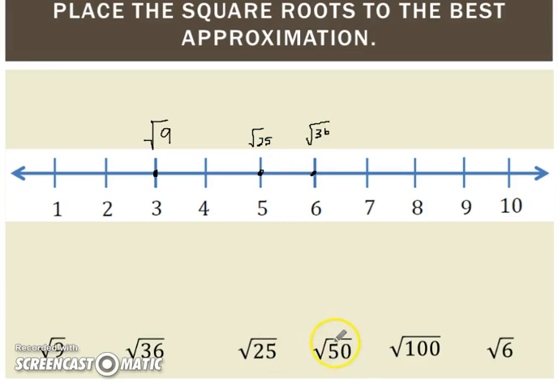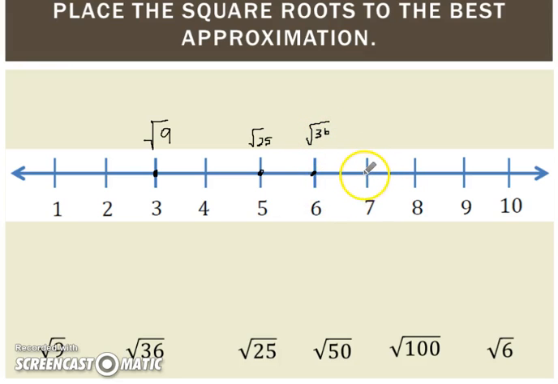But now the square root of 50 is not a perfect square. If I were to approximate it, so what that means is to estimate what that value is, I would want to think about the perfect squares that are closest to it. So I know that 6 times 6 we get 36.